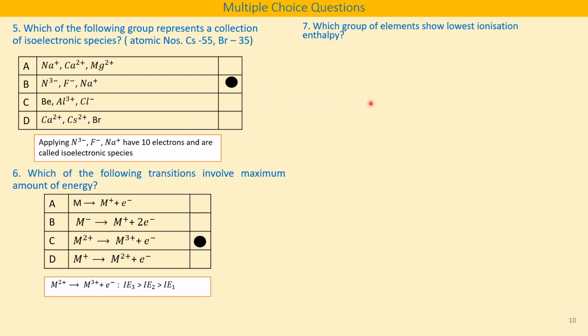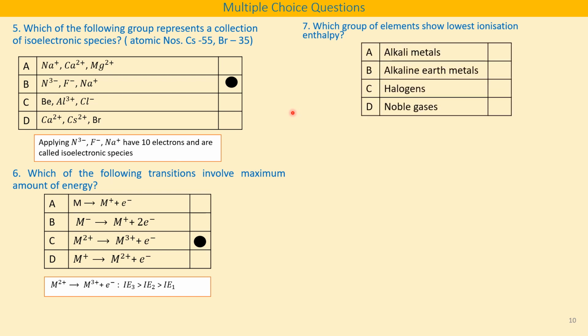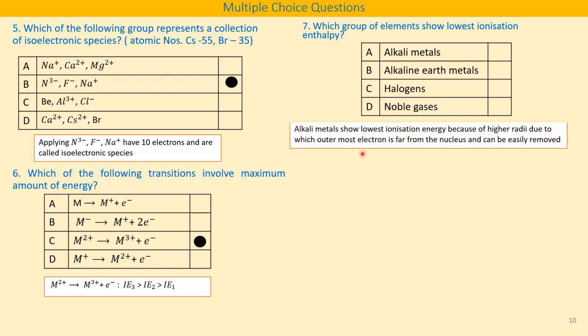Next question. Which group of elements show lowest ionization enthalpy? Option A, alkali metals. Option B, alkaline earth metals. Option C, halogens. And option D, noble gases. Alkali metals show lowest ionization energy because of higher radii, due to which the outermost electron is far from the nucleus and can easily be removed.